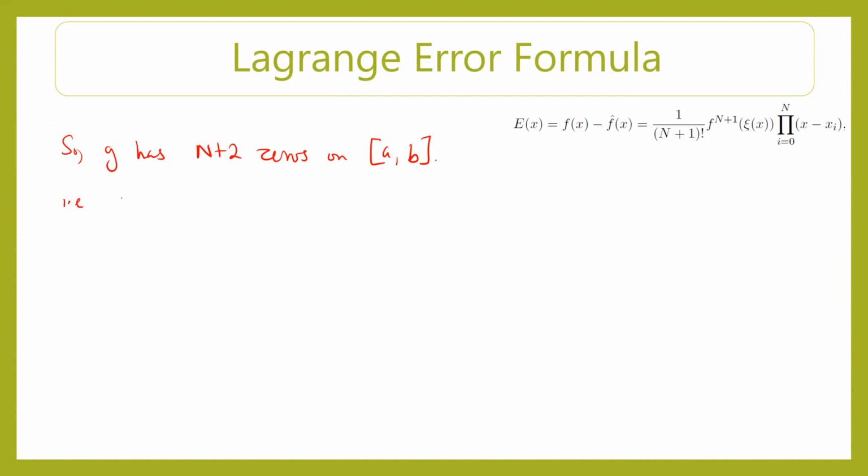Let's analyze it. So g has at least, and I should have put the words at least, not exactly, at least, okay? Which could be less. In this case, we saw all of them. So g has at least n plus 2 zeros on [a,b].